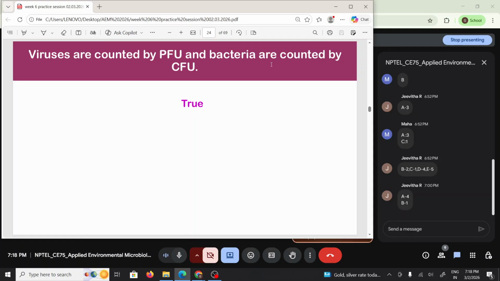This spot we call a plaque, and hence we can count viruses in terms of plaque forming units. So this statement is completely true. Viruses are counted by PFU and bacteria are counted by CFU.